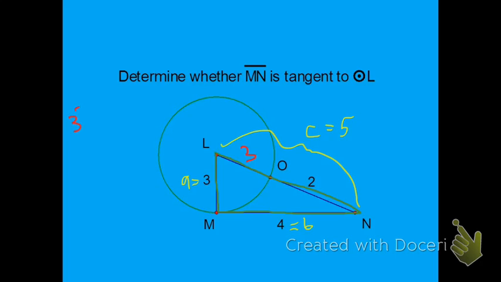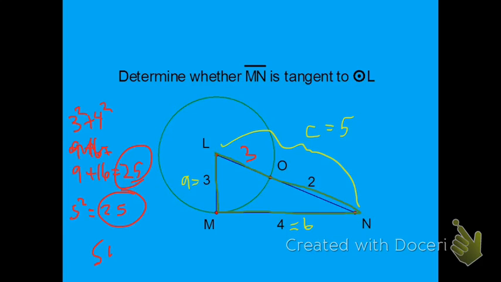So if you take a squared plus b squared, you get 3 squared plus 4 squared, which is 9 plus 16, which comes out to 25. Alright, if you take c squared, that's 5 squared, that also comes out to 25.